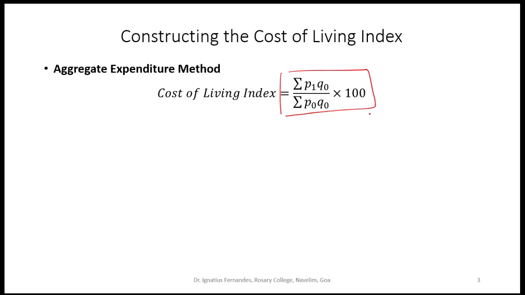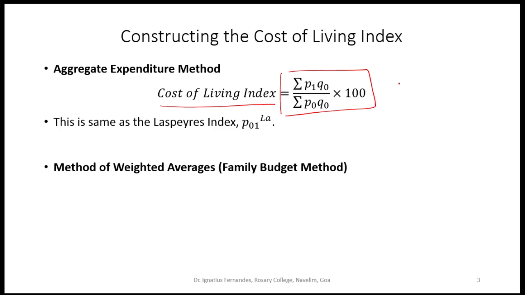Recall that this formula is the same as the Laspeyres price index number that we have constructed earlier, so the Laspeyres price index number is what is used as the cost of living index in this case.